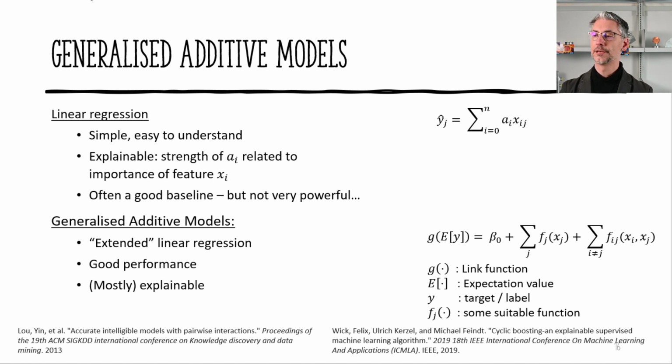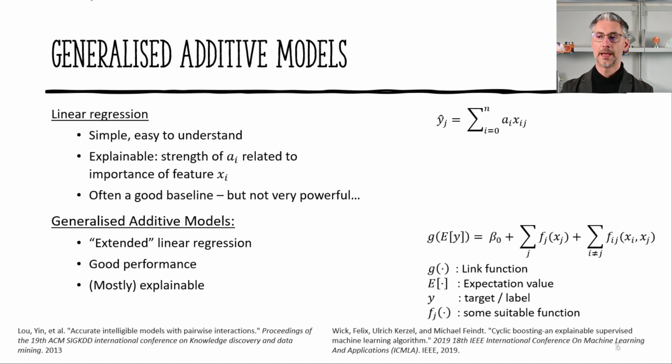And you can see on the right hand side how the formula gets slightly more complex. On the top we see the equation for the simple linear regression, and on the bottom we see the one for the generalized additive model. So the general structure is the same, just becomes slightly more complex. Instead of the features x, we have now a function that uses those as input, and we use the result of this function.